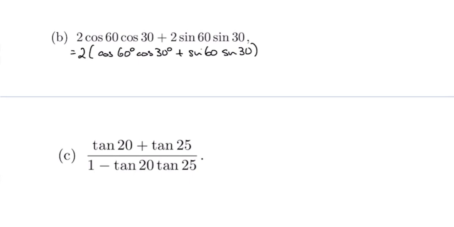Now I'm looking for a formula that goes cos cos plus sine sine. And the one I'm going to use is cos of A minus B, because that's the one that goes cos A cos B plus sine A sine B.